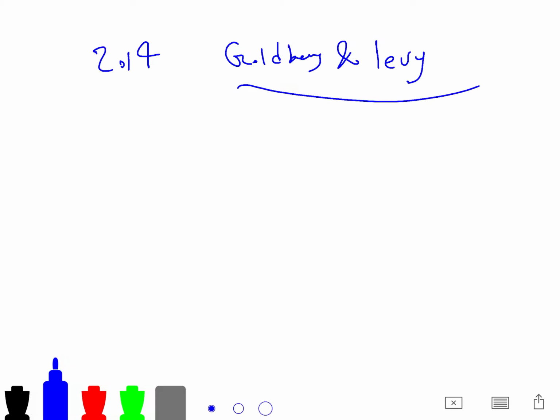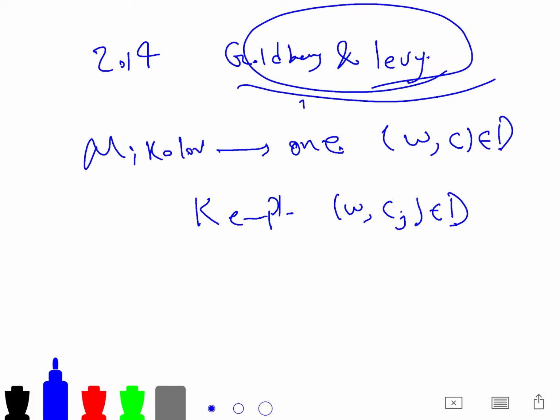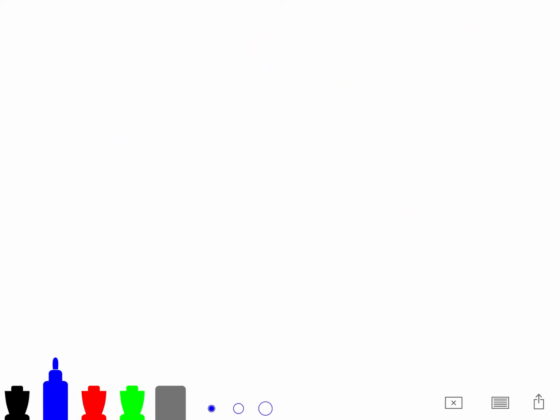And Mikolov presented for one example only. So the difference is that Mikolov is for one example, for one pair, and K examples. But Goldberg and Levy represented it for the entire corpus, D and D prime. So that's the difference between their derivations.